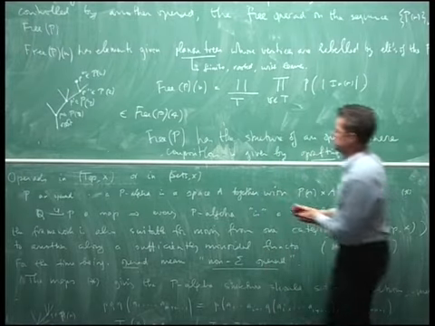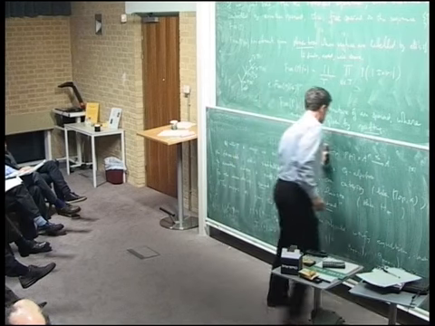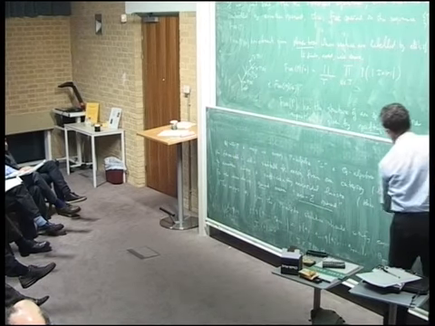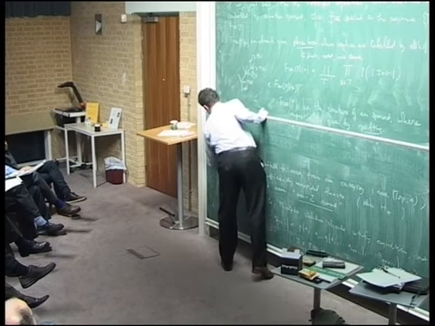Okay, let me create some space. So trees themselves form operads, and labeled trees also form operads. That's an important thing to remember.